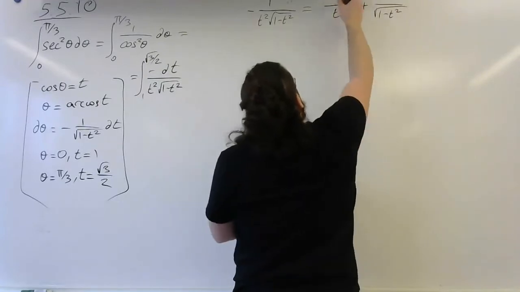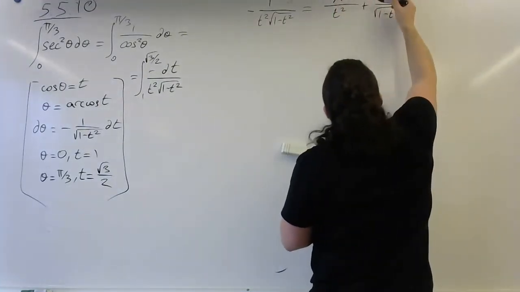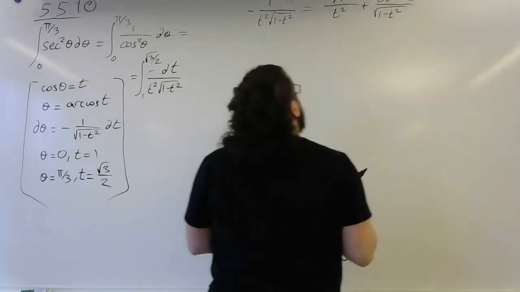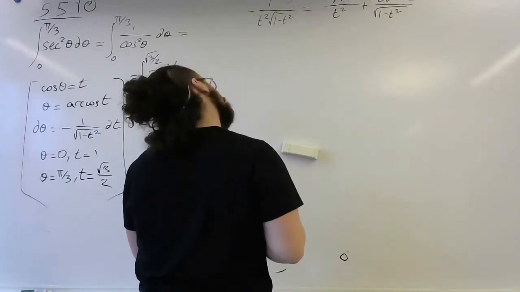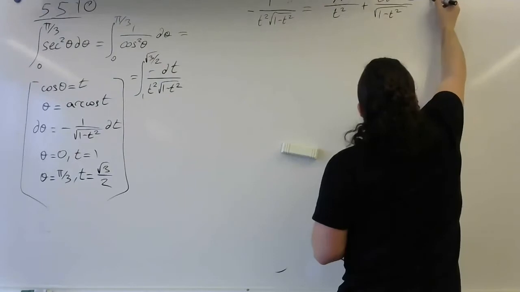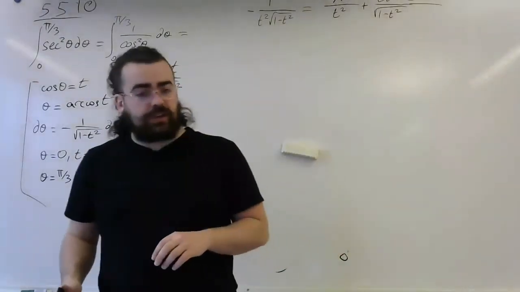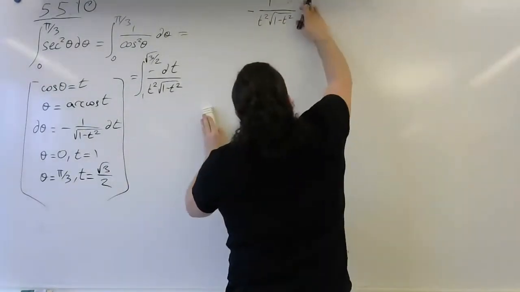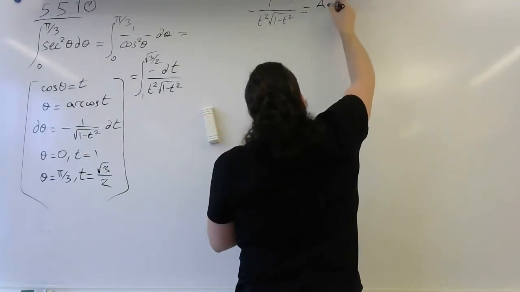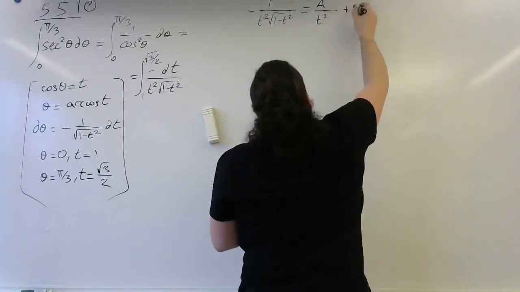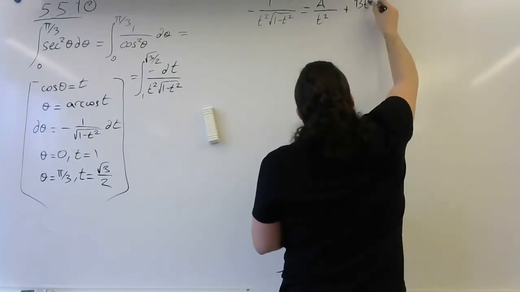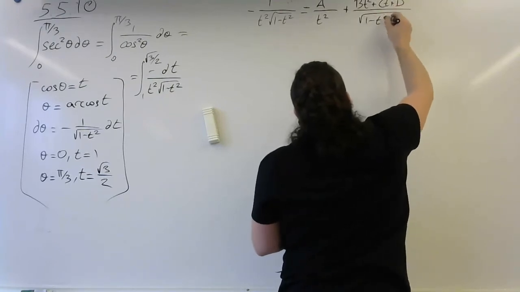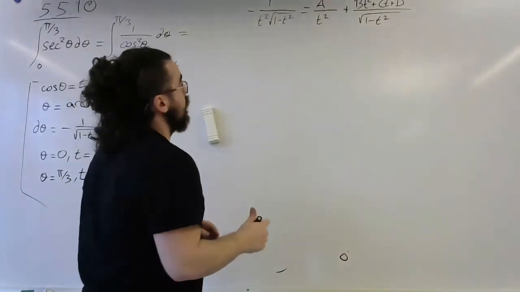Let's try the other way around. A here and bt squared plus c here. Sometimes there's a lot of trial and error with these decompositions. So let's try something like this and see what happens.